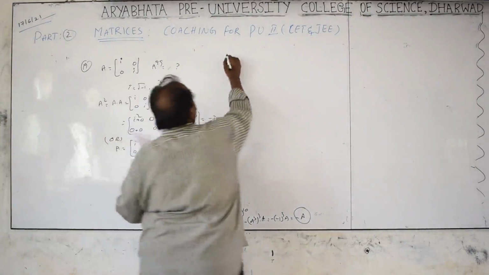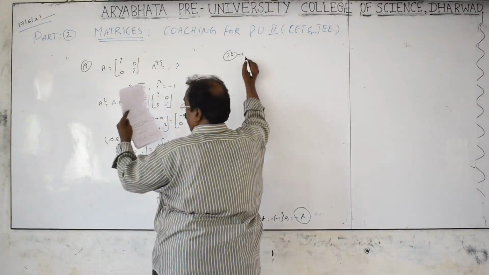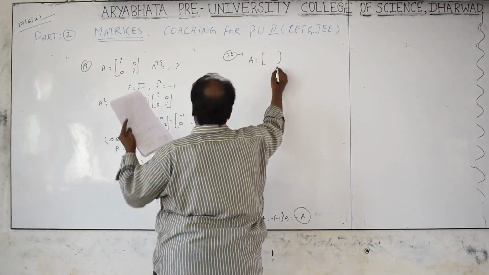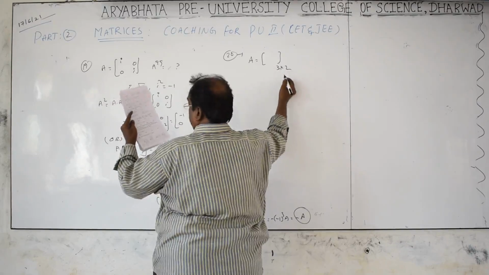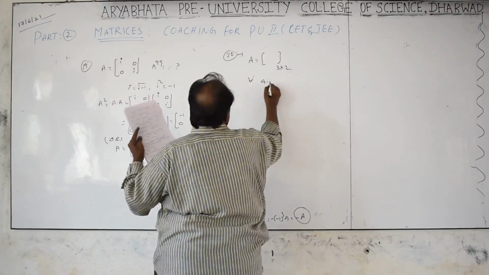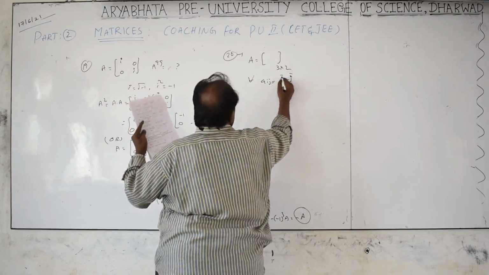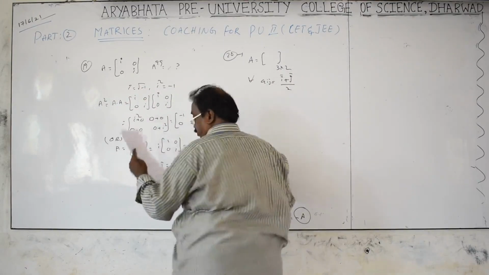Twentieth question, please observe me. It is a 3 by 2 matrix where a ij is equal to (i plus j) by 2.